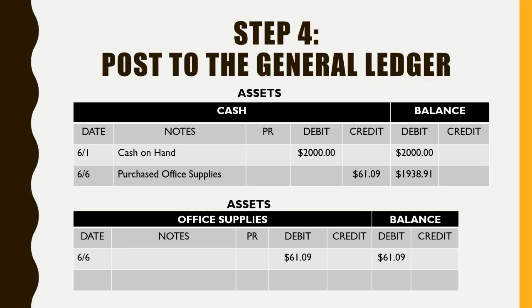I've updated it because I acquired an asset, right? I acquired office supplies, so therefore I increased my office supplies, and now I have an account balance of $61.09.